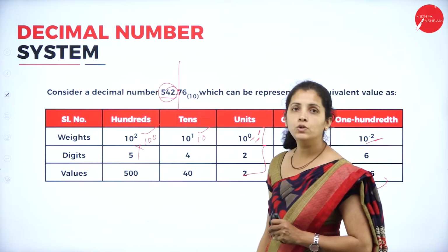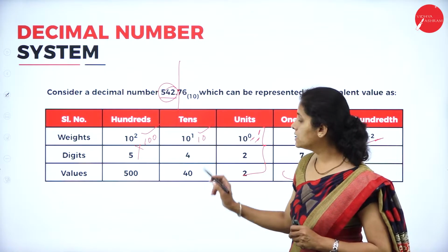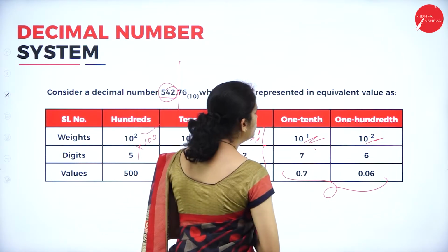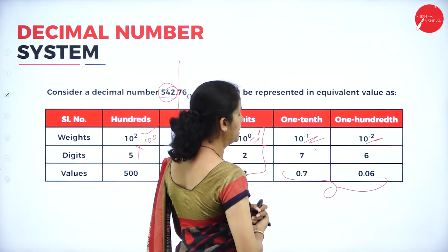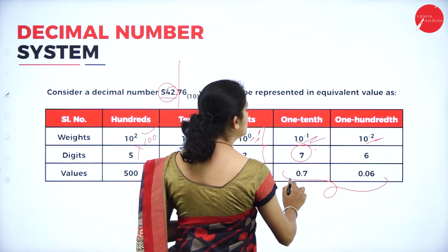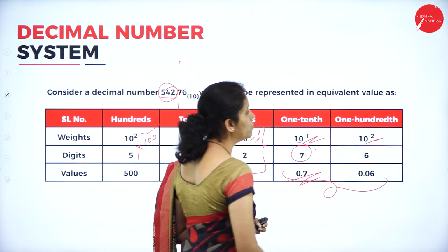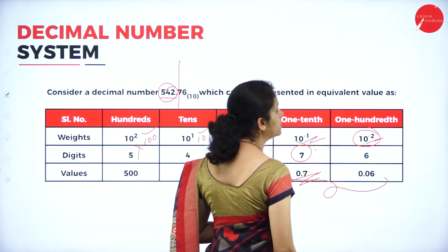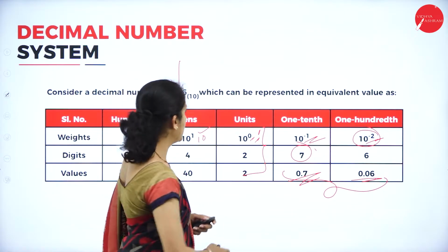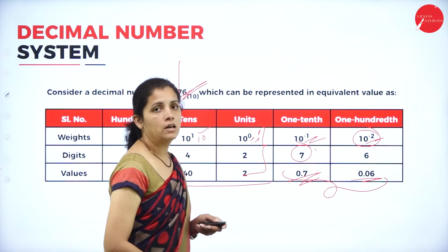So 5 into 100 is 500, 10 into 4 is 40, and 1 into 2 is 2. Now, 10 to the power -1 is nothing but the inverse. I want to find the inverse of this, then I'm going to get 0.7, and at the same time I want to find the inverse of that, I'm going to get the value 0.06. And I'm going to add all these values so I can get this result.